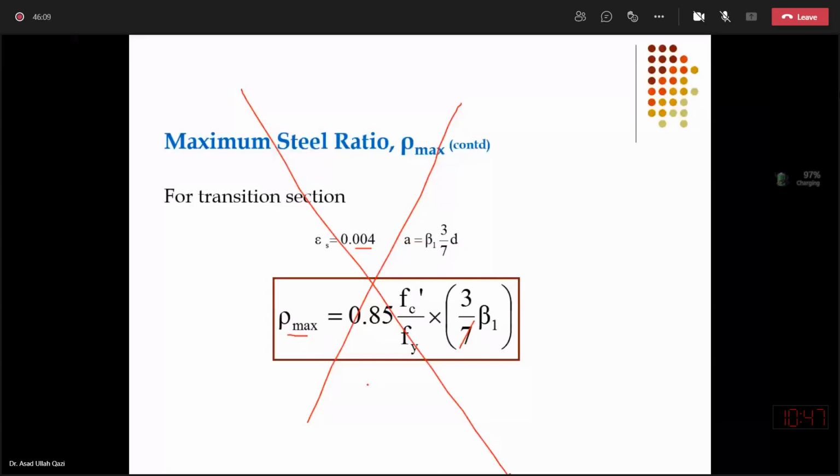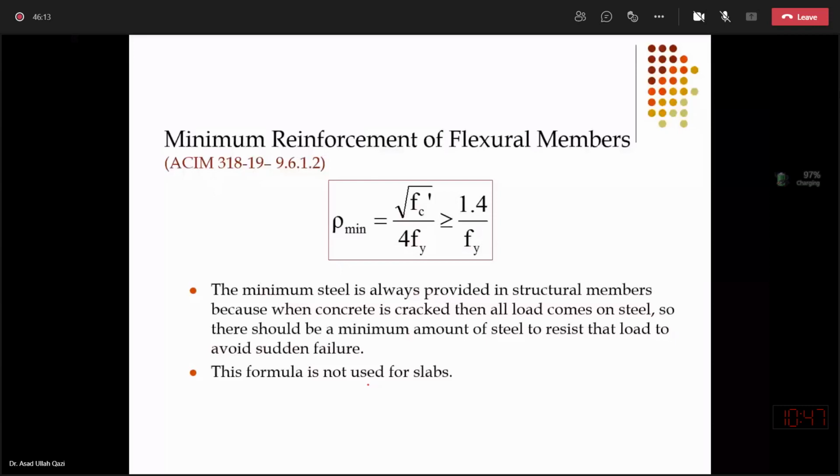Now, in the latest 2019 publication, in chapter 9, empirical equations are given to determine rho minimum in the cross section. As I said earlier, once the modulus of rupture is reached, the section will get cracked.